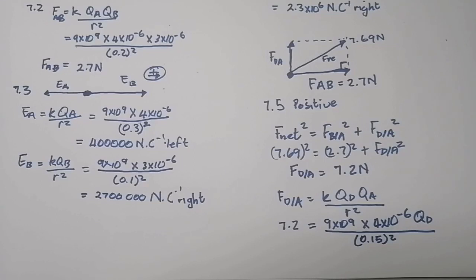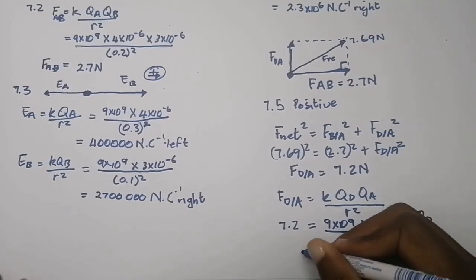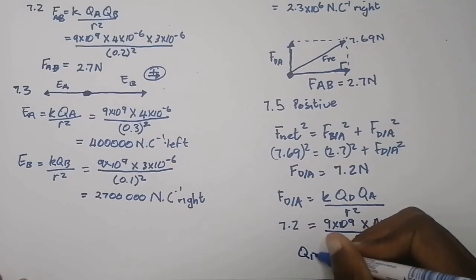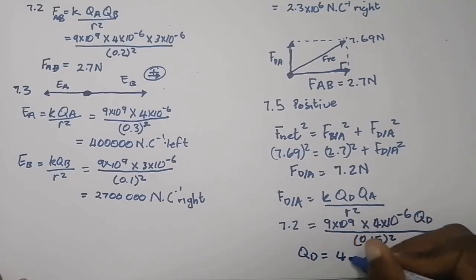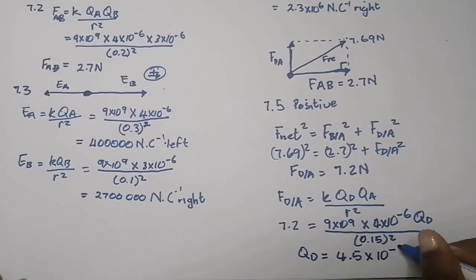If you cross multiply that, you multiply with that and divide by that whole thing. I'm sure you know what to do here. So let's just work out the final answer. My final answer on the charge on D is 4.5 times 10 to the minus 6 coulombs. That is the answer.